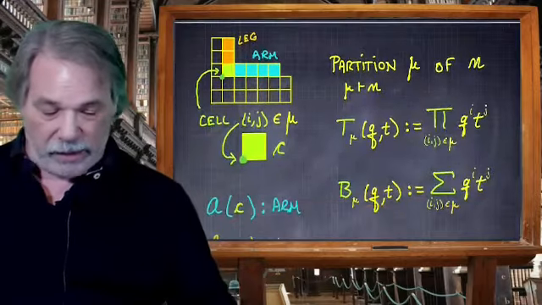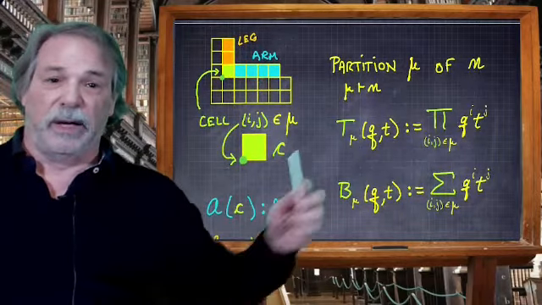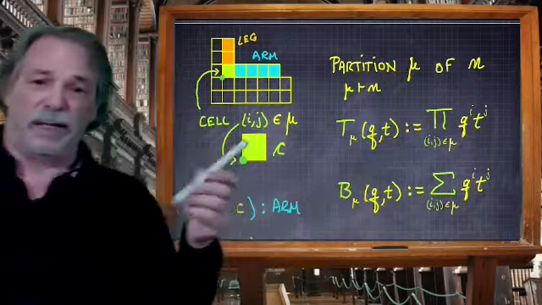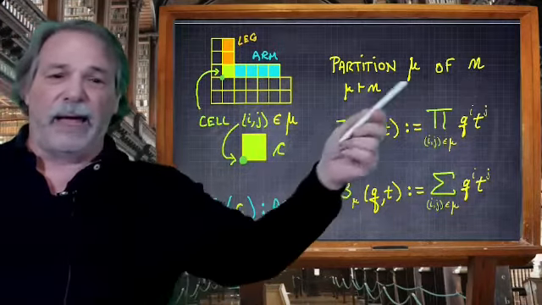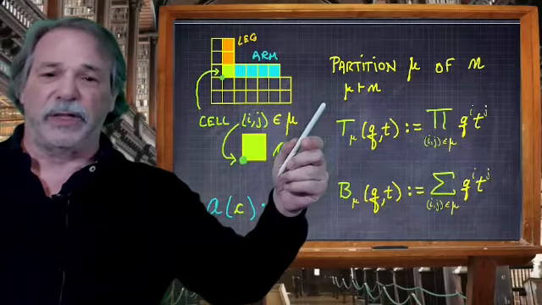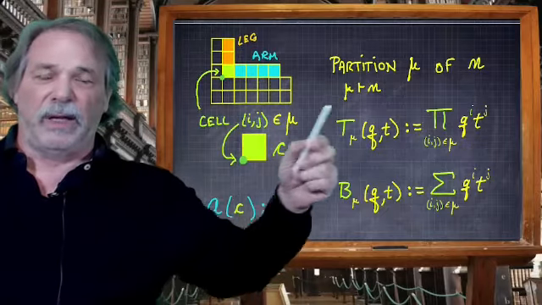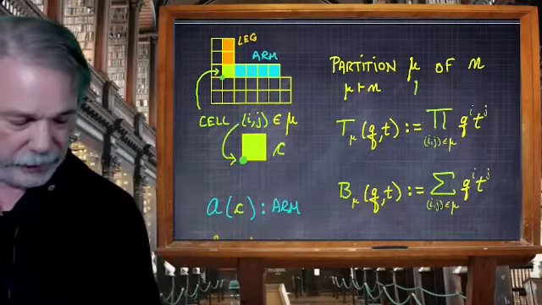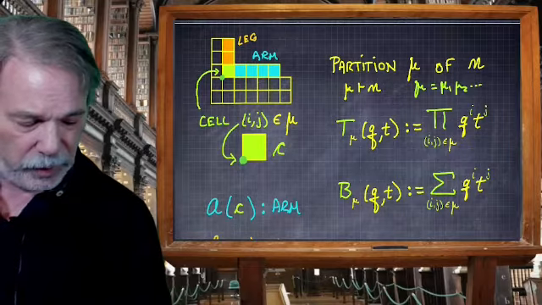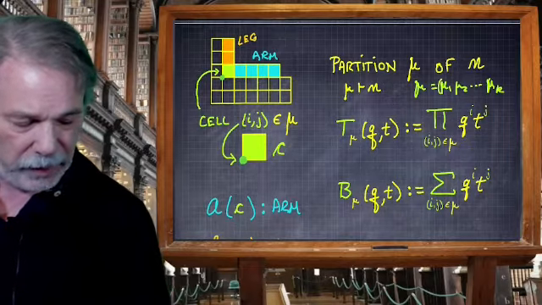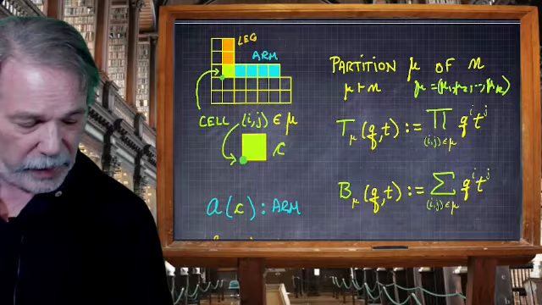So partitions are, that's partitions. A partition of n is a way of writing n as a sum of positive integers. So mu is mu1, mu2, up to mu k, a list of positive integers.